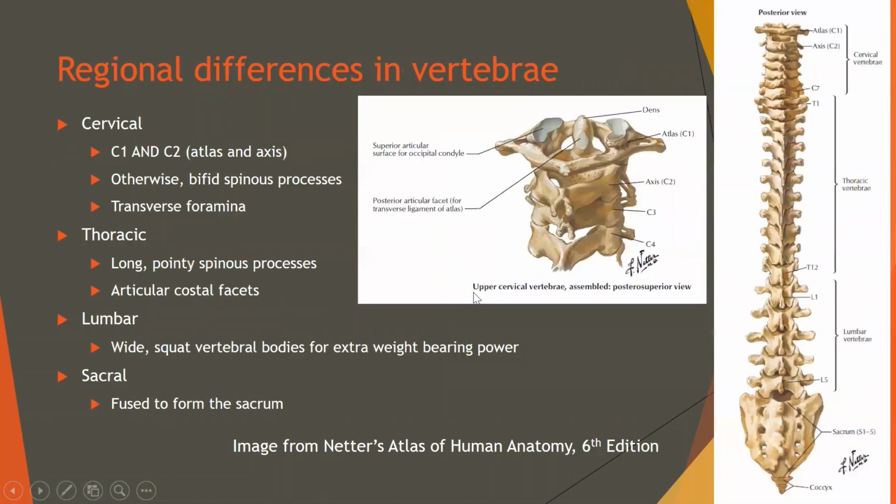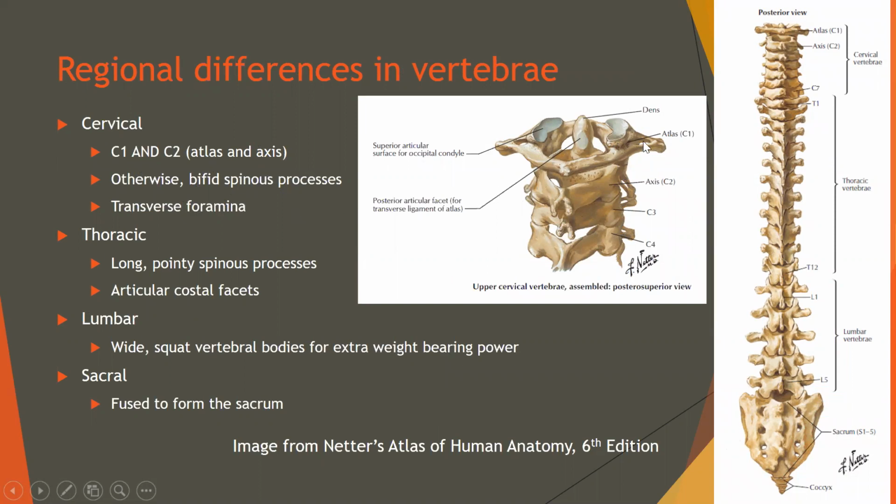All right, some regional differences between the vertebrae, just to keep in mind. C1 and C2 are pretty special, so we'll go through them a bit more later. Otherwise, your cervical vertebrae have bifid spinous processes. As you can see here, they just have two little spinous processes. That's all that means. They also have transverse foramina.